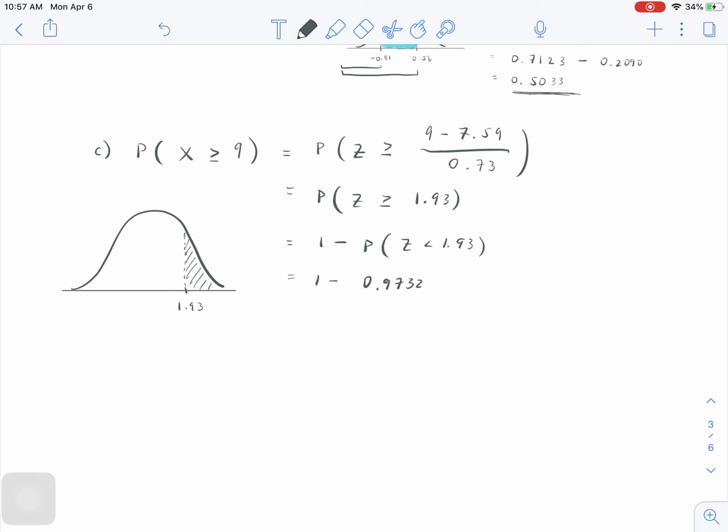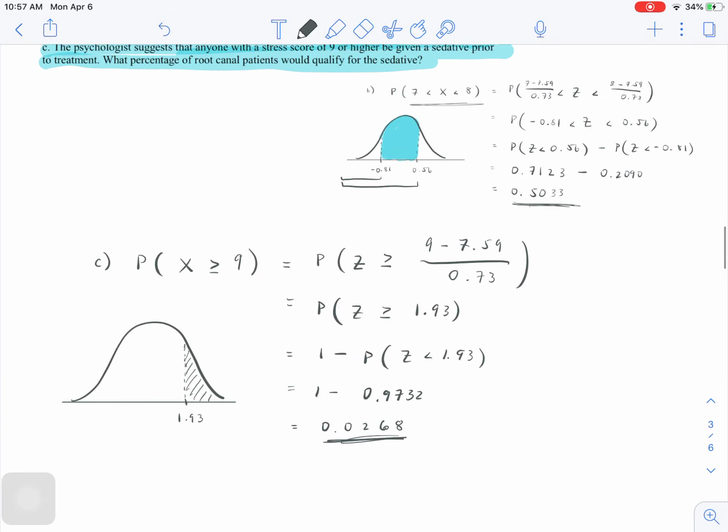Therefore, the area to the right is 1 minus 0.9732, which is 0.0268. So the percentage of root canal patients with a stress score of 9 or higher is 0.0268, or about 2.7%.